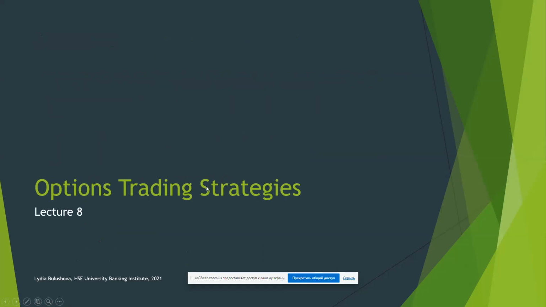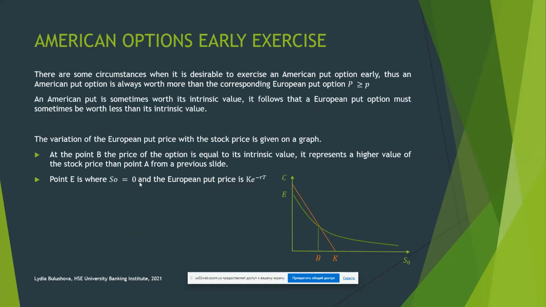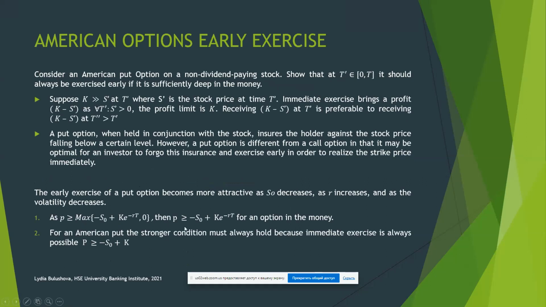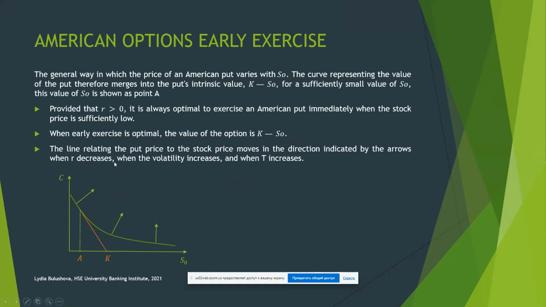We have this inequality, so the lower is R, the smaller is this part, the bigger is this part. You can have a look at these formulas once again and derive why R is inversely linked to a put price.